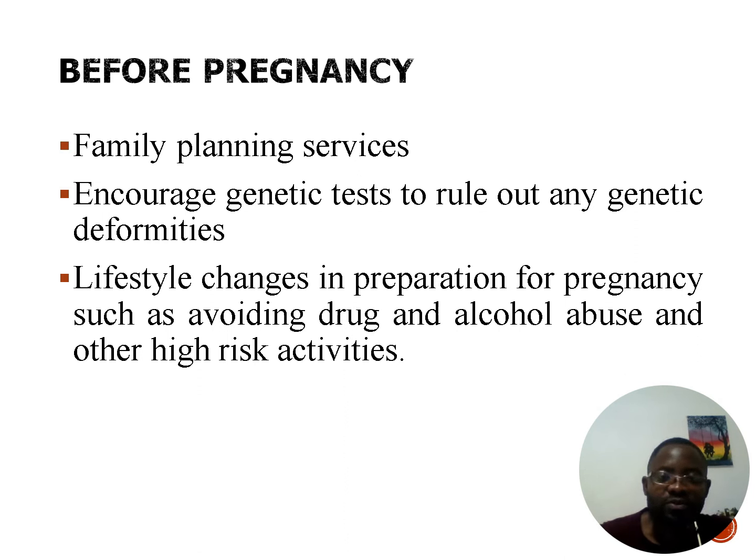Encourage genetic tests to rule out any genetic deformities. Encourage couples to take genetic tests to rule out any conditions that may make them conceive a child who may suffer from mental retardation. Okay, there are certain genetic conditions that you do not want, that may put the couple at a higher risk of having a retarded child.